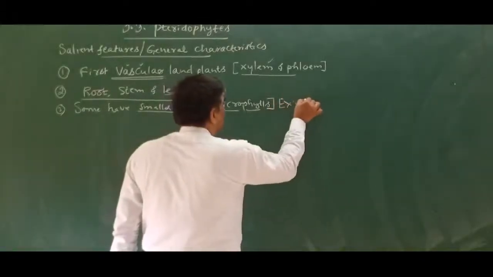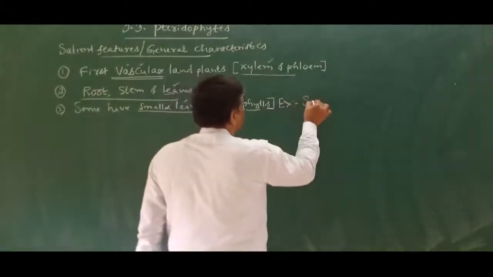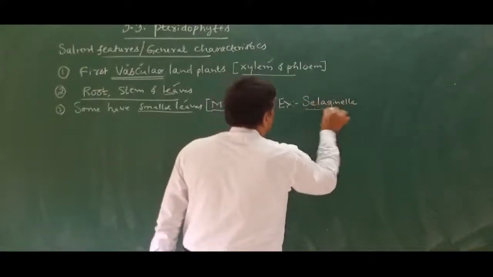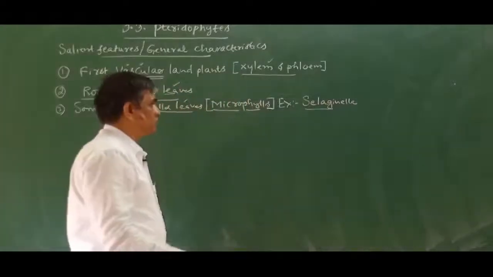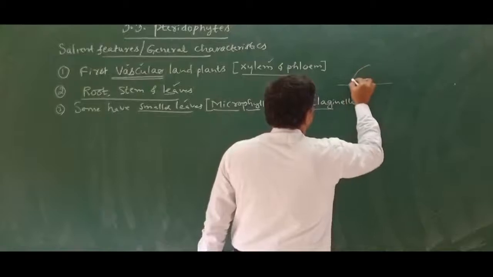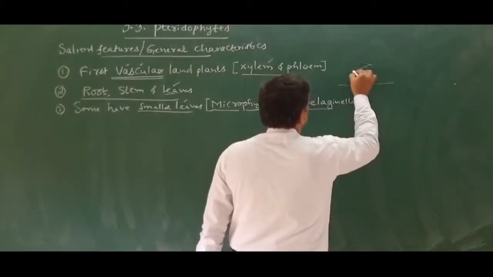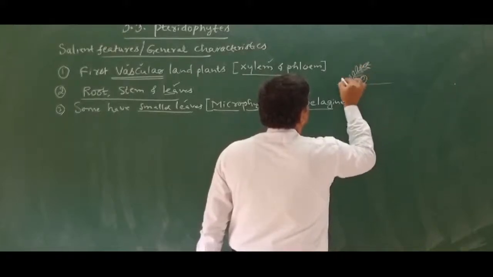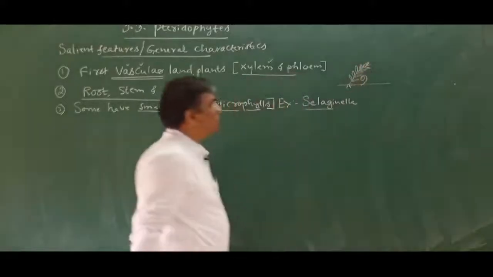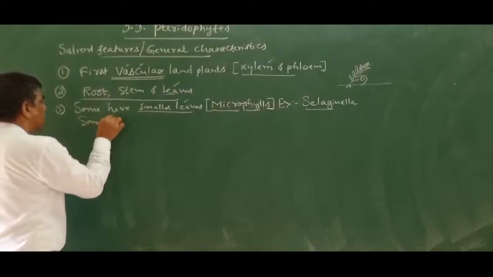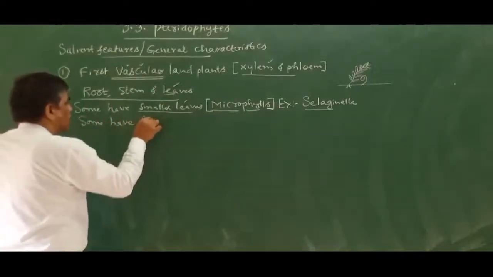For example, in a pteridophyte like Selaginella. Selaginella has small leaves, which are called microphylls.